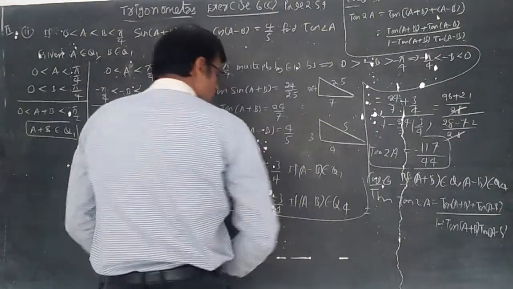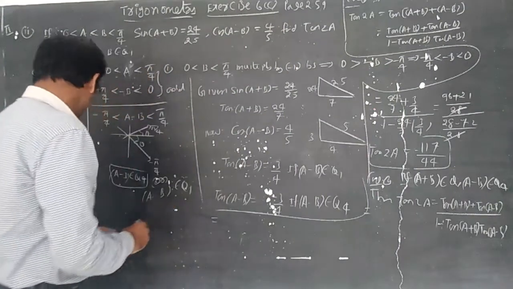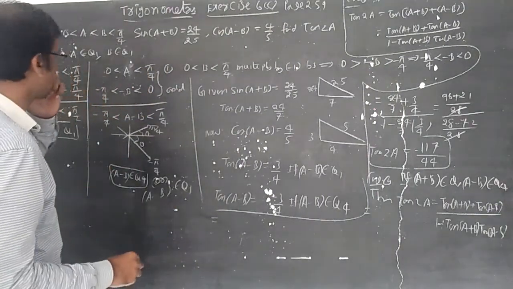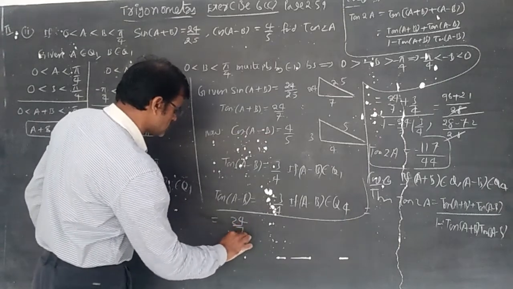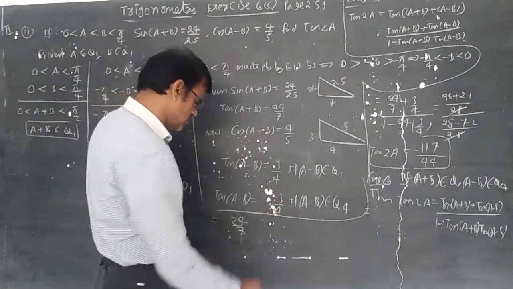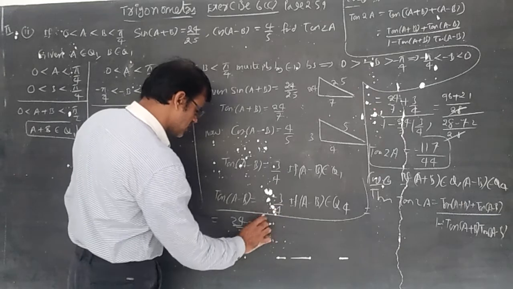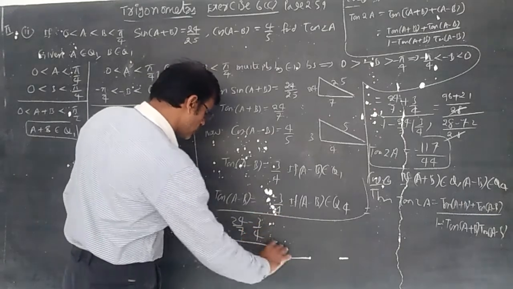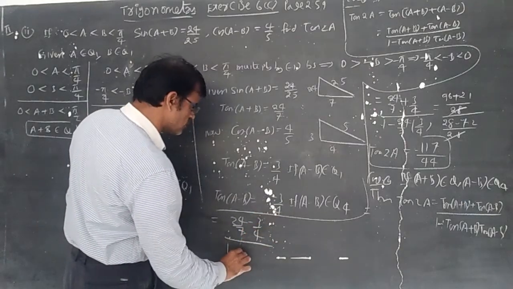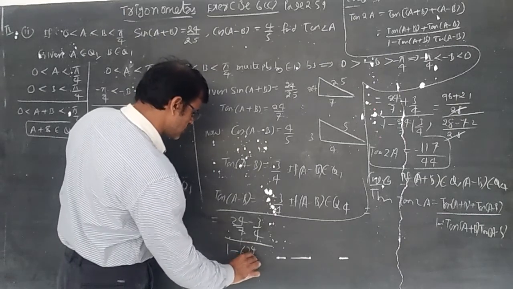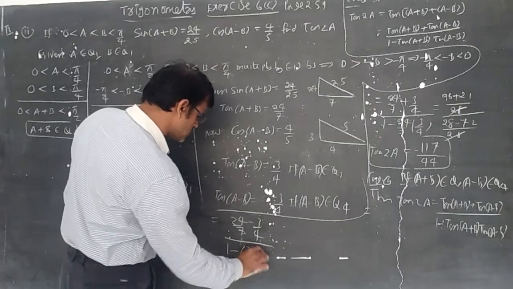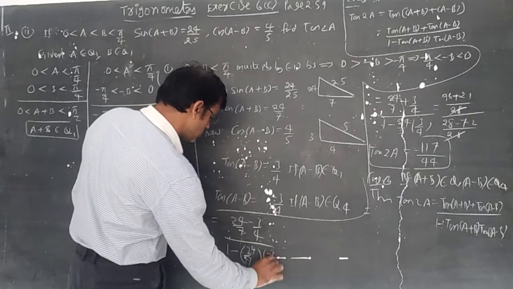So here tan of A plus B means first one 24 by 7. Yeah, 24 by 7 plus, next case you take that, dear students, minus 3 by 4 whole by 1 minus 24 by 7 into minus 3 by 4.